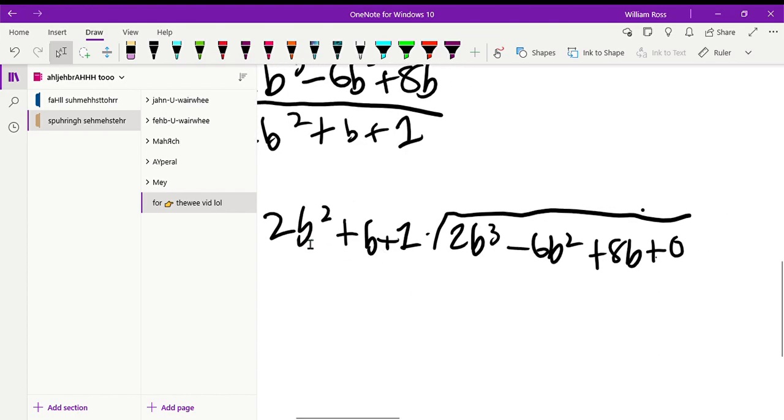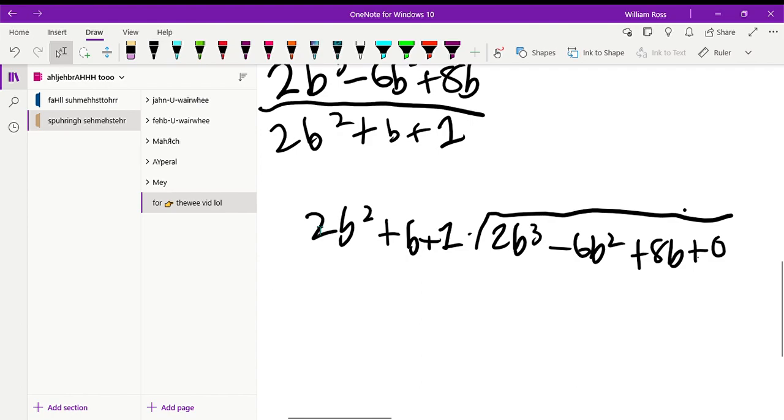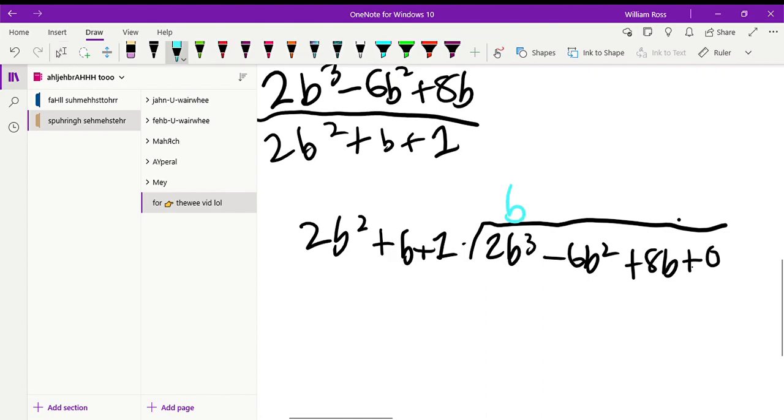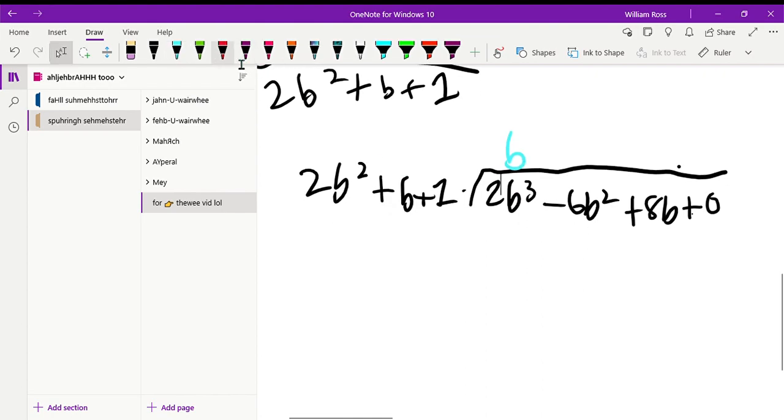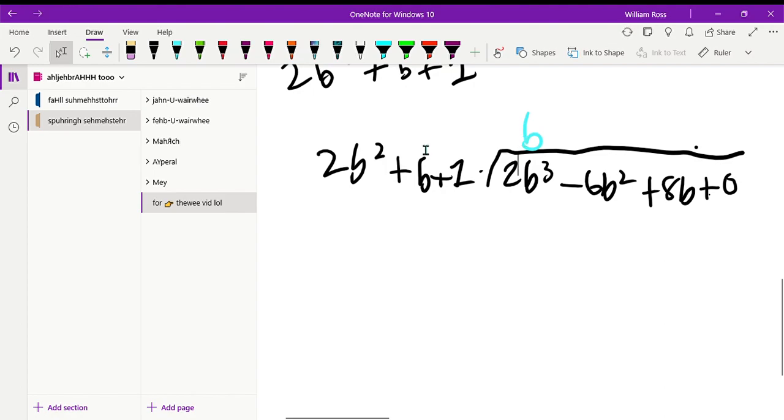Alright, so same principles. First term goes into first term gives is what times? So 2b squared goes into 2b cubed is b. So b times 2b squared will be 2b cubed.